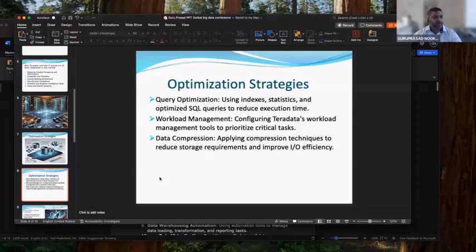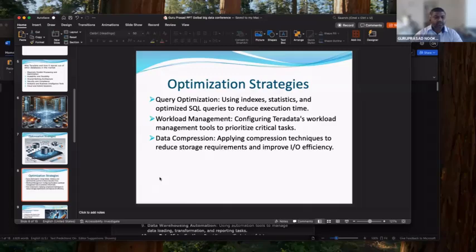Workload management is like configuring Teradata workload management tools to prioritize critical tasks. Like use Teradata Active System Management, which is called TASM, to allocate resources dynamically across workloads.